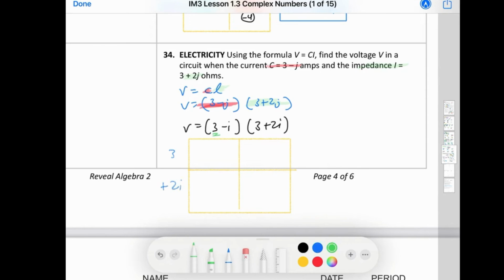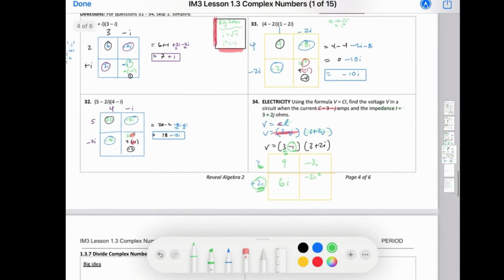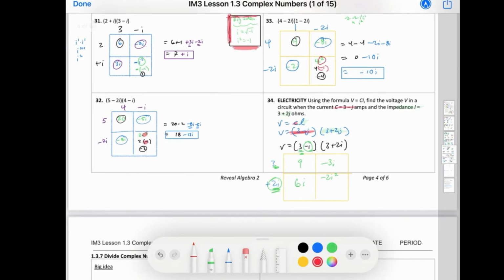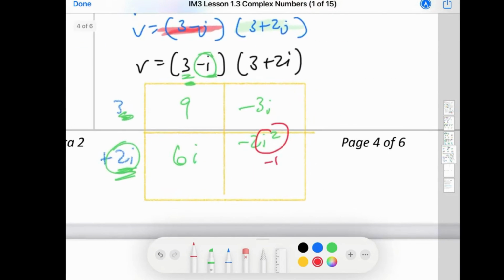And 3 times 3 is 9. 3 times negative i is negative 3i. 2i times 3 gives me 6i. And negative i times 2i is negative 2i squared. And what do we have up here in our big idea? i squared equals negative 1.